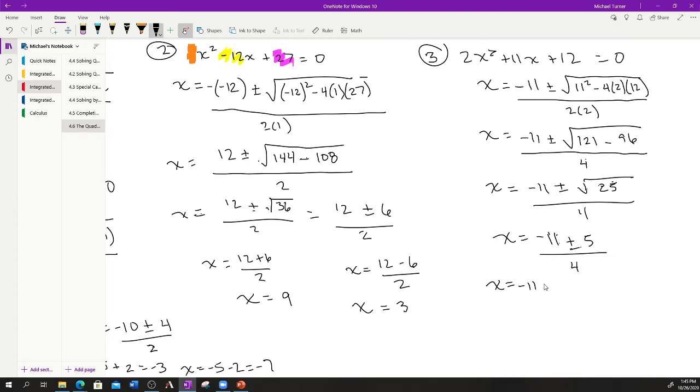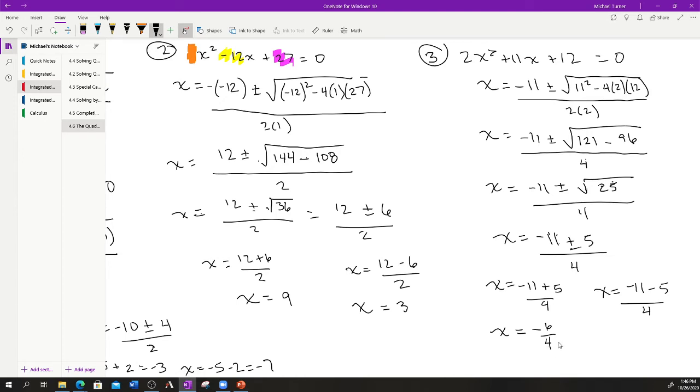So negative 11 plus 5 over 4, and negative 11 minus 5 over 4. On the left, negative 11 plus 5. That's going to give me negative 6 over 4.